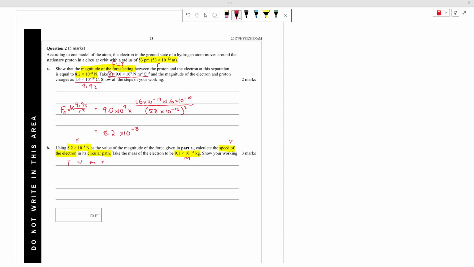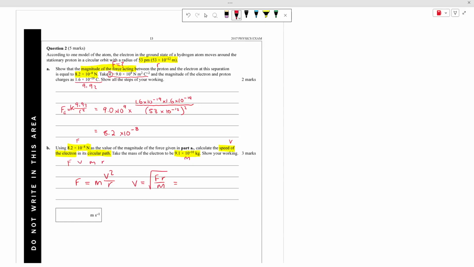So we go and think about what we know about circular motion, and there is a formula, F equals M V squared on R. That links all those things together. Okay, we're trying to solve for V, so you could do some algebra first or sub everything in and then do the algebra later. So I'll just rearrange now. So V equals the square root of FR over M.